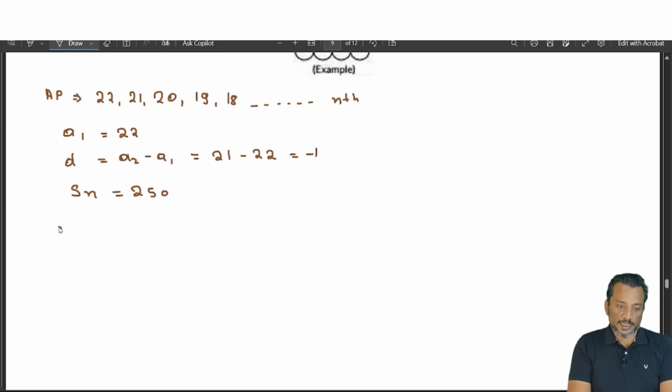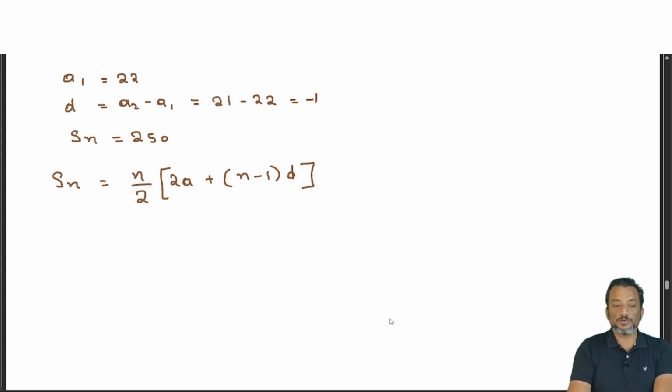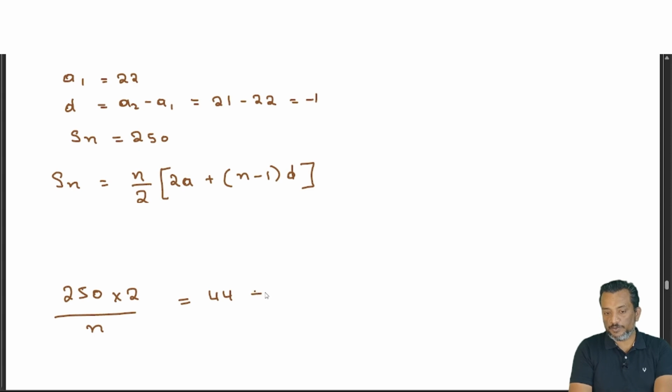So we can say Sn is equal to n over 2 times (2a plus (n minus 1) times d). Okay, now do the cross multiplication. So we will get 250 times 2 over n is equal to 44 plus (n minus 1) times minus 1, that is 44 minus n plus 1.